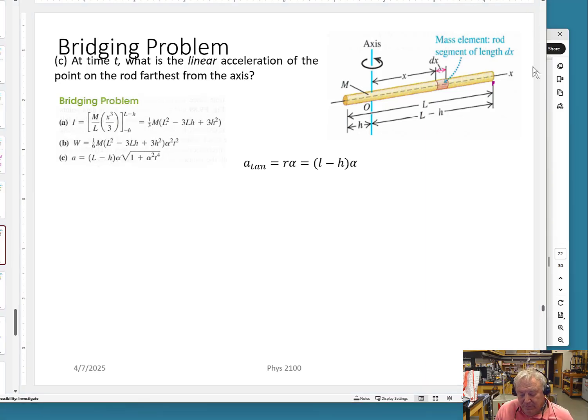Okay, so I do this all the time. A equals, excuse me, A tangential plus A perpendicular, and so they're both vectors. So to get the total, we have to add them in quadrature.